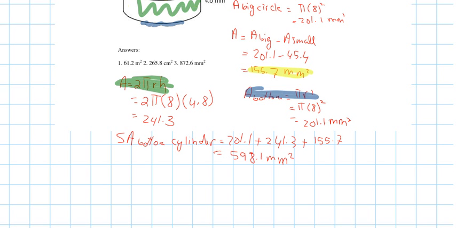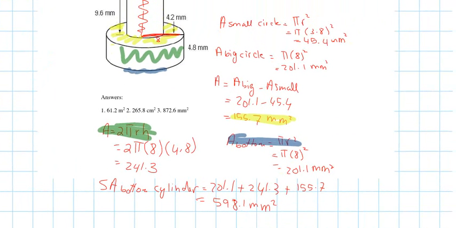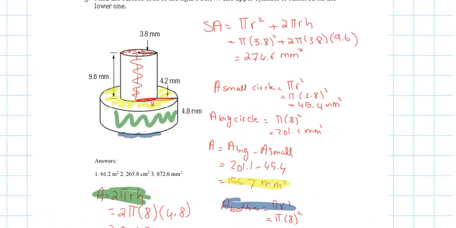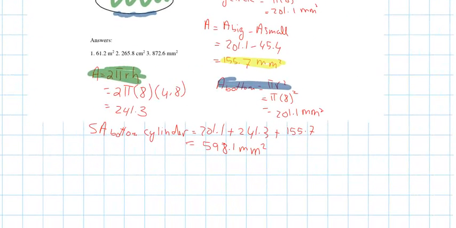Surface area of the whole thing, right? So your total surface area is 598.1 plus 274.6.